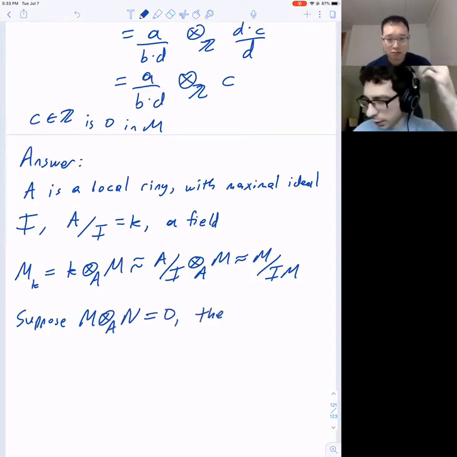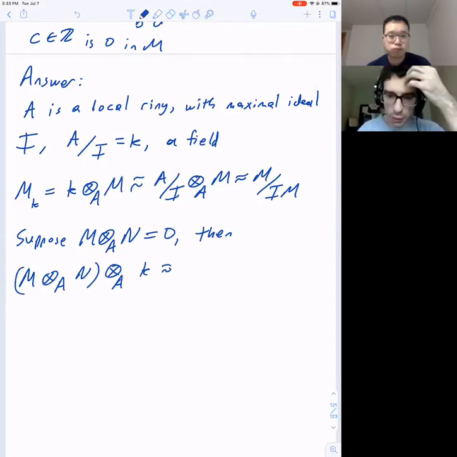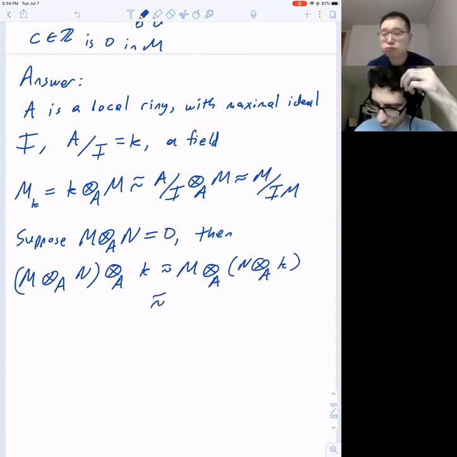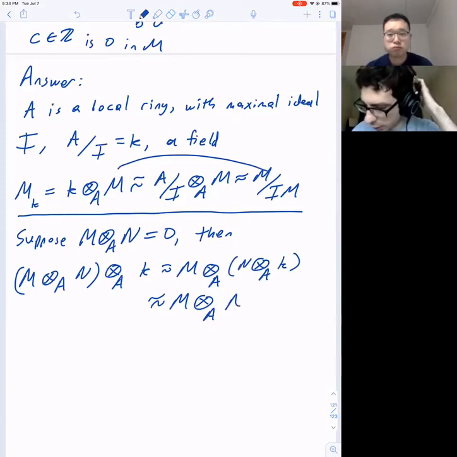Then I can say that M tensor_A K is isomorphic to M mod IM, and N tensor_A K is isomorphic to N mod IN.